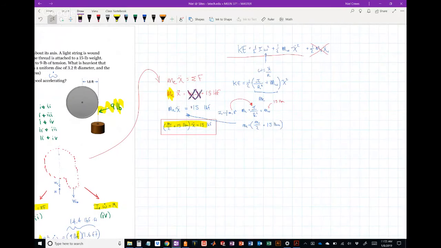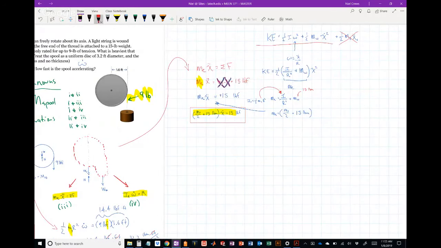Now, the fourth equation that you can choose from is going to be this one, and that is I effective, the effective inertia. Now we're going to do the moment of inertia around this point here, around the 0. So we need an effective inertia.